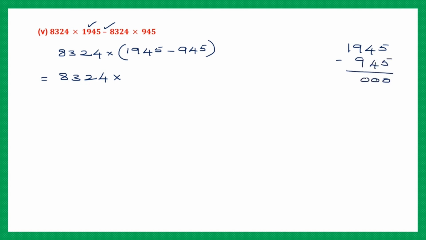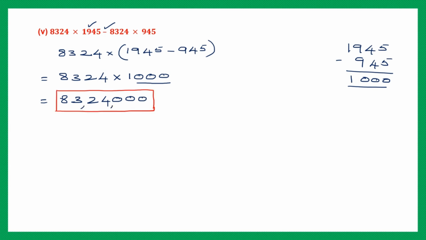That is 1,000. So here we are multiplying 8,324 into 1,000. So 8, 3, 2, 4, and then the 3 zeros, 1, 2, 3. So what's our answer here? 83,24,000. So again we have used the distributive property.